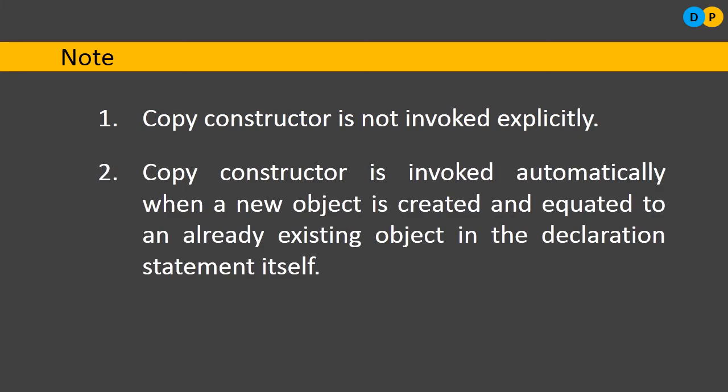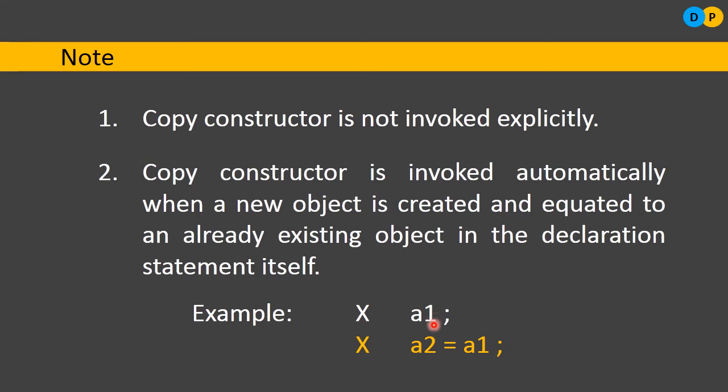The second one is that the copy constructor is invoked automatically when a new object is created and equated to an already existing object in the declaration statement itself. Let us go through the example. For the class X, in the beginning we have created an object named A1, an object of type class X. Next, we are creating one more object A2, again of class type X. For this object A2 we are initializing the A1 values.